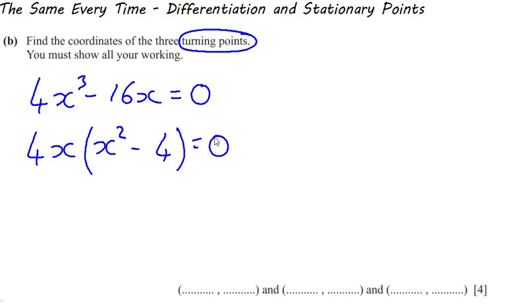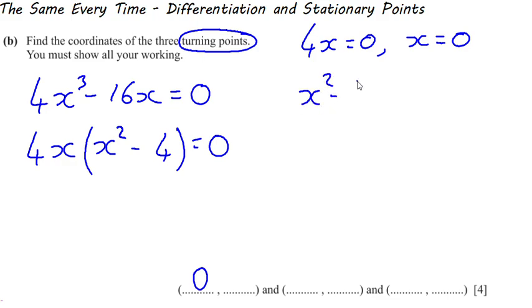So we have 2 possible solutions here. 4x equals 0, which is going to give us x equals 0. 4 times 0 is 0, so my first x value there is 0. Or the thing in the brackets equals 0. X squared minus 4 equals 0, gives me x squared equals 4.